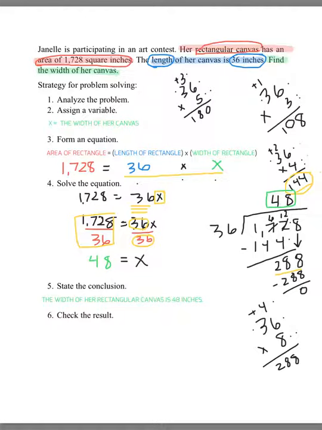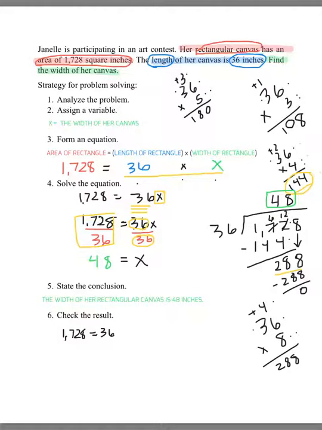So again, when checking the result, you want to start off with the equation you found in step 3. So we're going to have 1,728 equals 36x, and that is a comma. And then let me go ahead and actually color code the 36x.